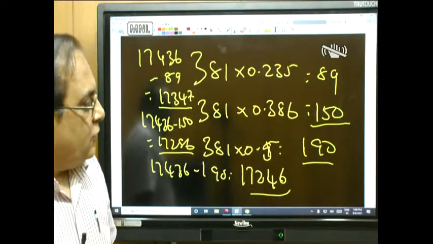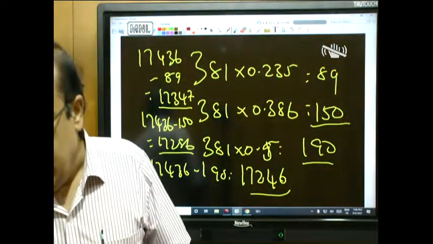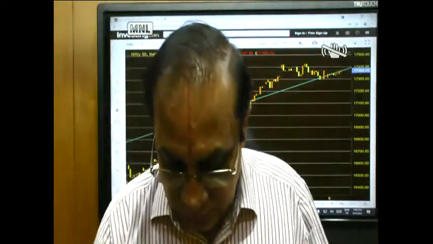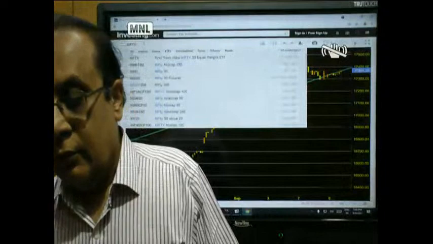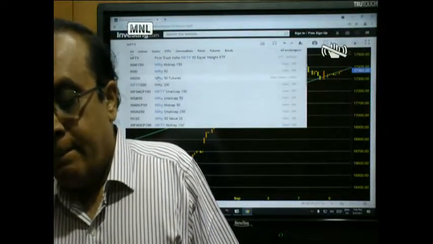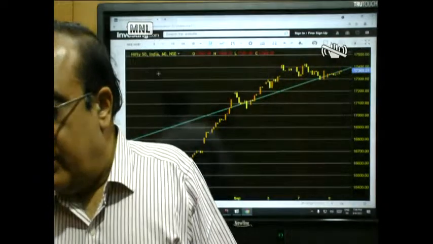Now we can also use this in a different way. As I told you, we can use Fibonacci in various ways. So let's look at the same Nifty 50.